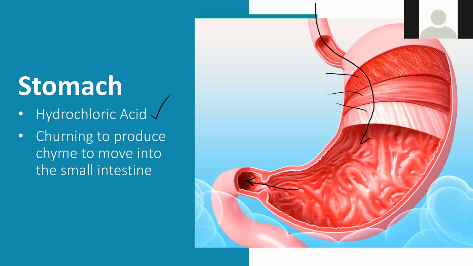So some structures associated with it, right? Up here at the entrance to the stomach from the esophagus, we have a little sphincter up there, called the cardiac sphincter, right, which is really just a proximity term because right above the stomach is our diaphragm, right?